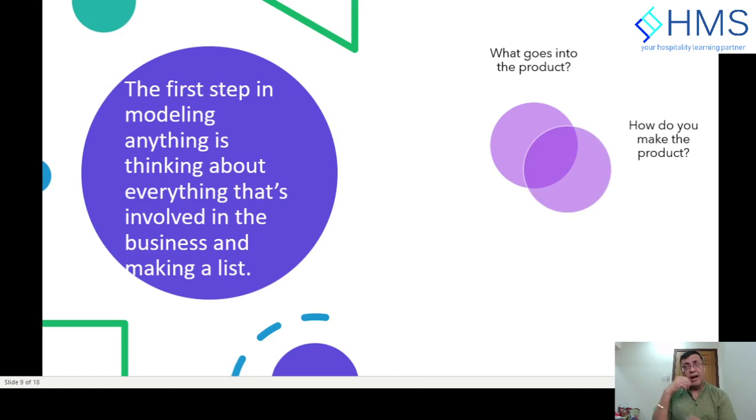Then how you are going to make it: manually, with how many people, or by machine, what the capacity of the machine is, what the processes are, how many steps are involved, whether it is fully automated, semi-automated or manual, whether any third party is involved in processing, whether you are using any ready-made product as a raw material, or making everything yourself.